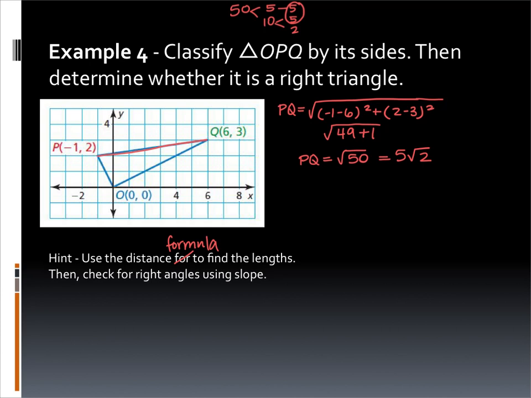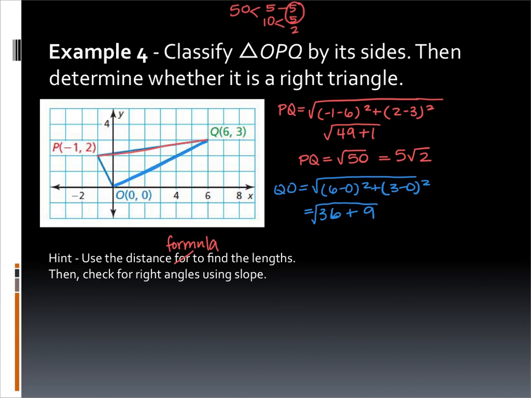Then I'm going to do QO. And so that's going to be the square root of (6 minus 0) squared plus (3 minus 0) squared. So that's 6 squared, which is 36, plus 3 squared, which is 9.